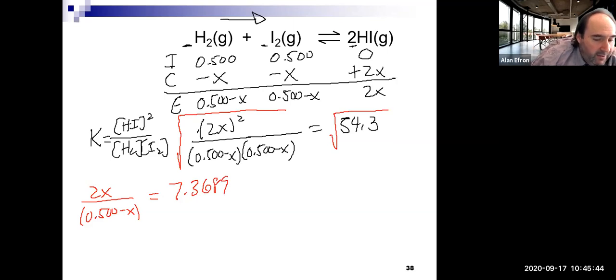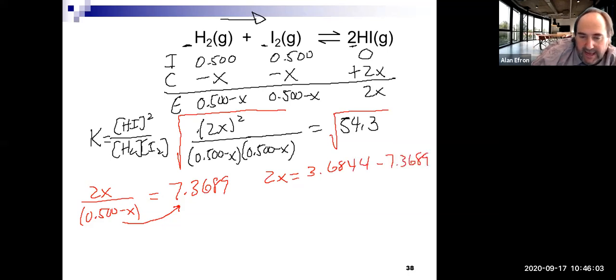At this point, we want to solve for x. So we're going to multiply this to the other side, and that's going to give us 2x is equal to 3.6844 minus 7.3689x.